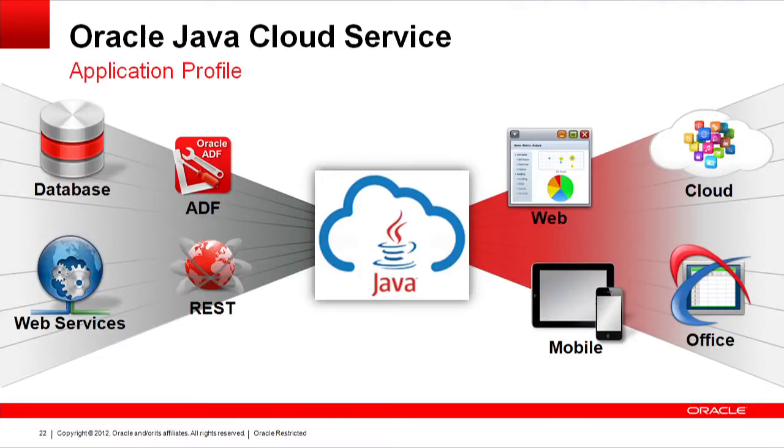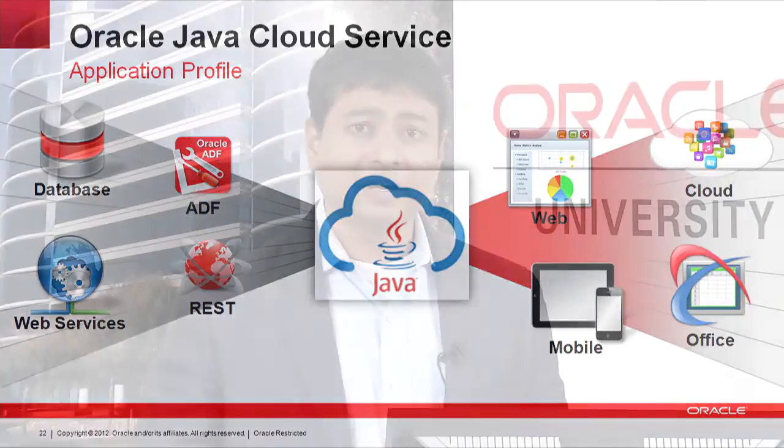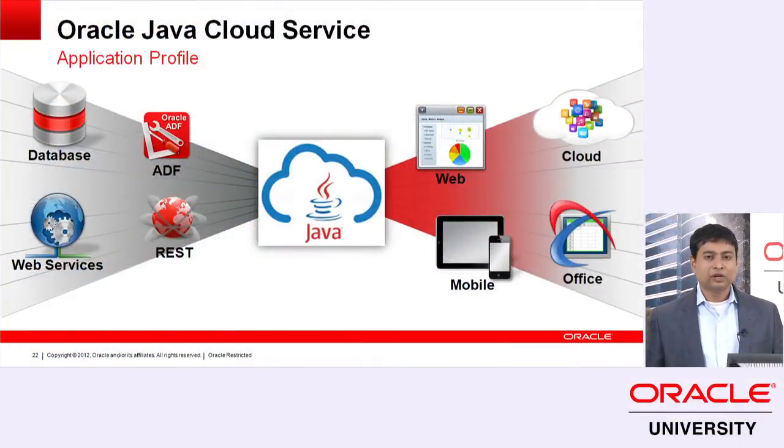Capabilities, let's talk about what exactly is available in Java Cloud Service. It's a standard Java EE container. It's WebLogic running underneath the Java Cloud Service. And you have the same technologies that are available in a standard Java EE container available in Java Cloud Service, because it is an app container, a Java EE app container in the cloud.